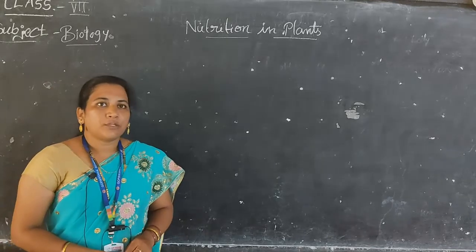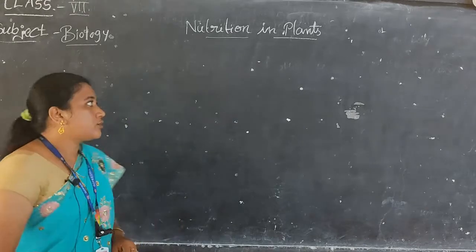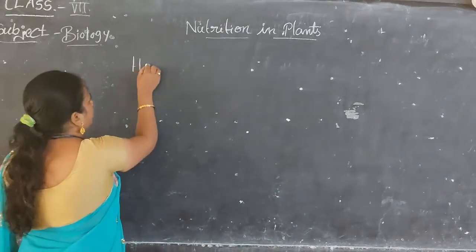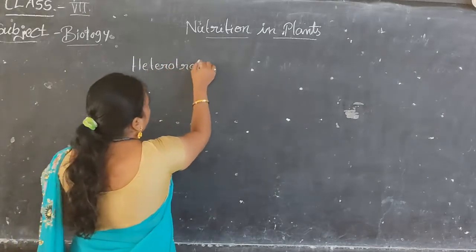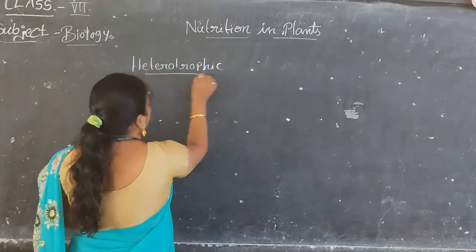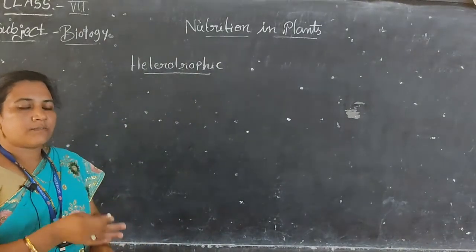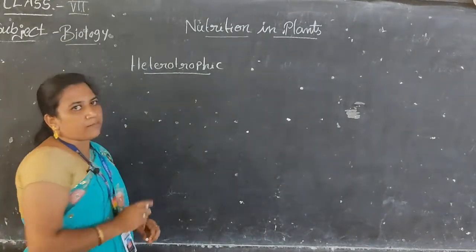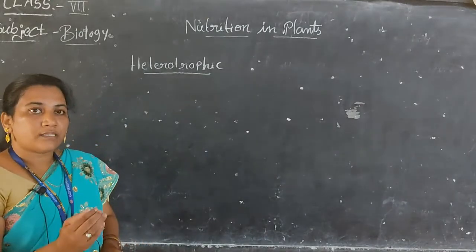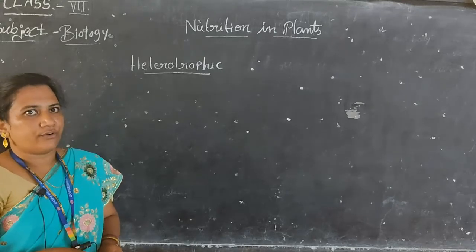Coming to the heterotrophic mode of nutrition. Autotrophic means organisms prepare their own food materials. Heterotrophic means organisms depend on other organisms for their food.